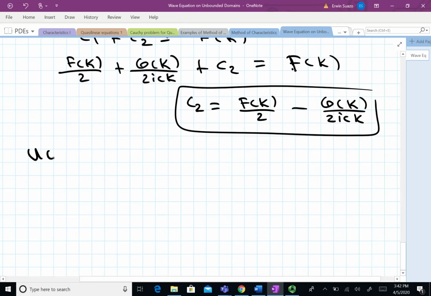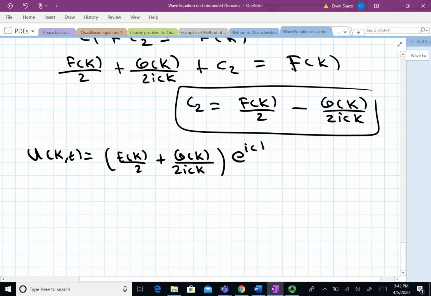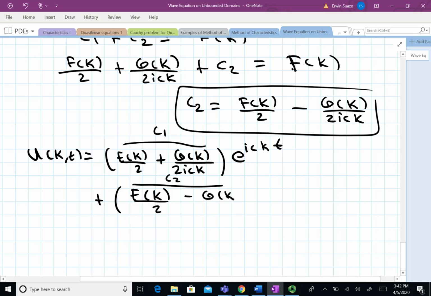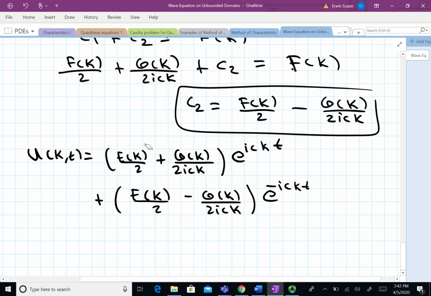So my solution is u of k, t equals f of k over 2 plus g of k over 2ick, times e to the ickt, plus f of k over 2 minus g of k over 2ick, times e to the minus ickt. That's my u of k, t.